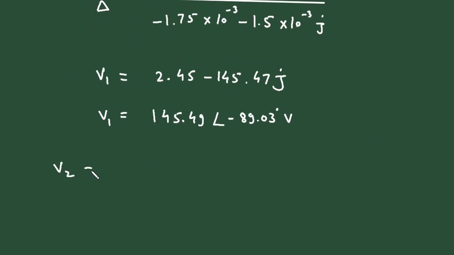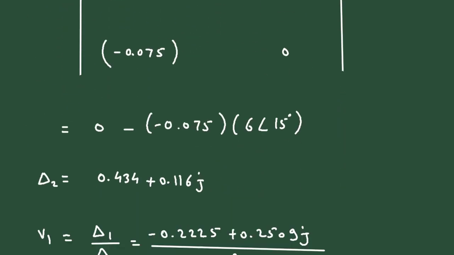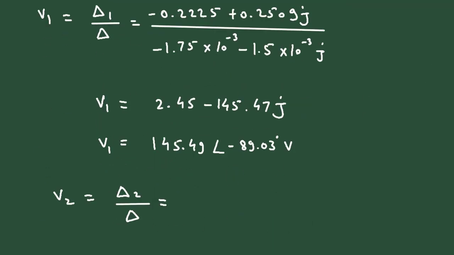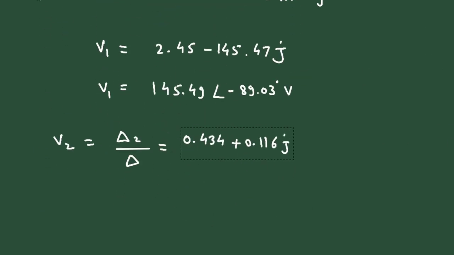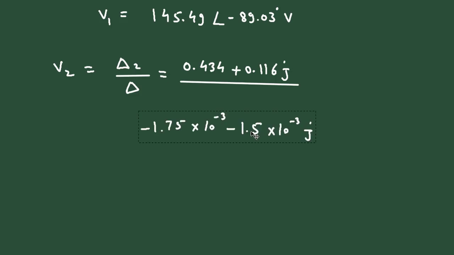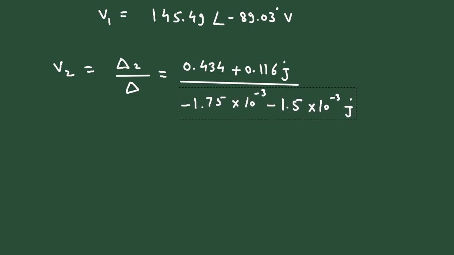Next, we have to find the value of V2. So V2 will be delta 2 divided by delta. So this is the value of delta 2, and this is the value of delta. If we solve this, we get the value of V2.